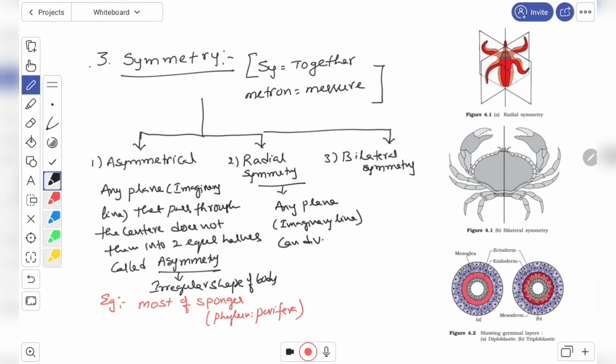It can divide the body into two equal halves, called radial symmetry. Generally, radial symmetry is a cylindrical body. These animals maintain a cylindrical body.